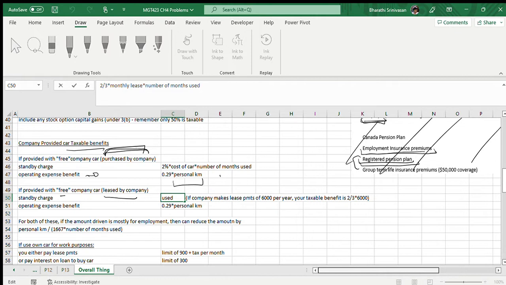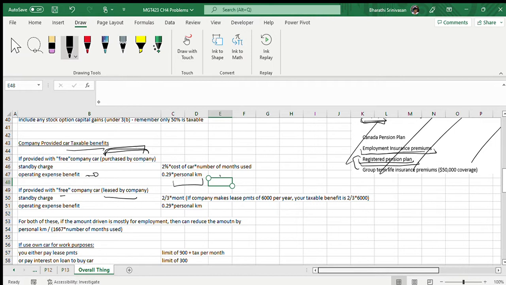And you have to multiply that by 2/3. So if the question were to tell you the company makes lease payments of $6,000 per year, that means your taxable benefit is 2/3 of that, because it's 2/3 times the total lease payments. And the operating expense benefit is the same thing, 29 cents times personal kilometers.